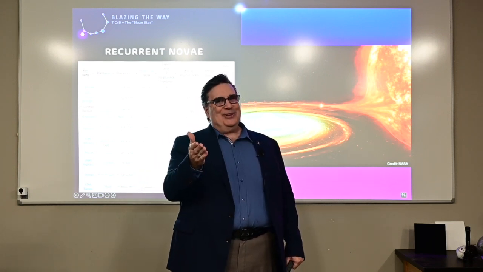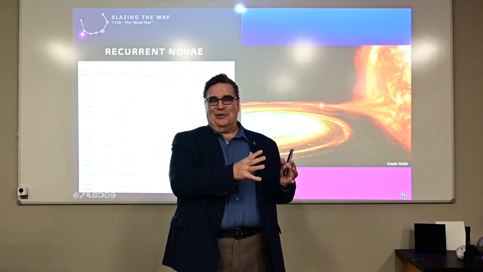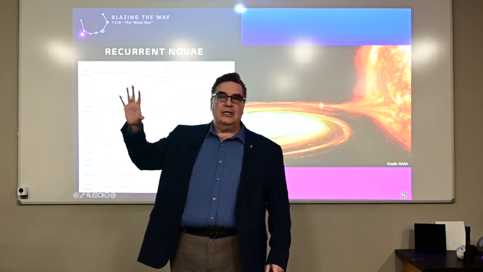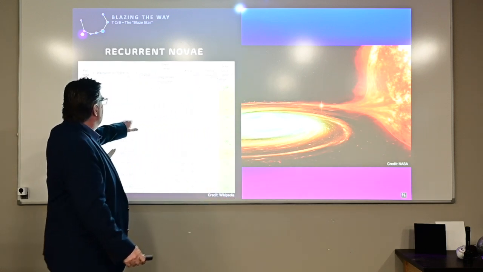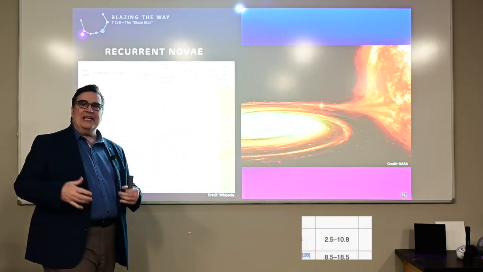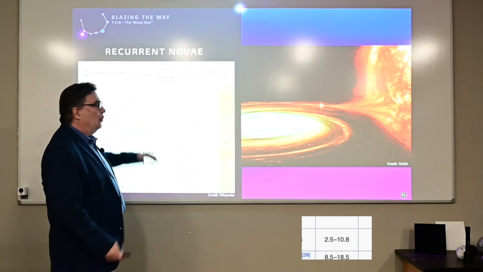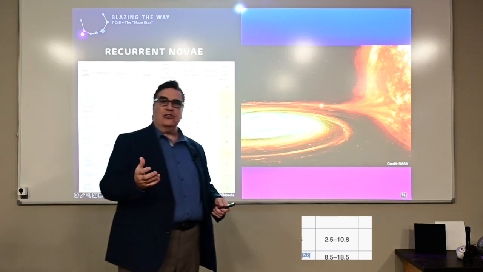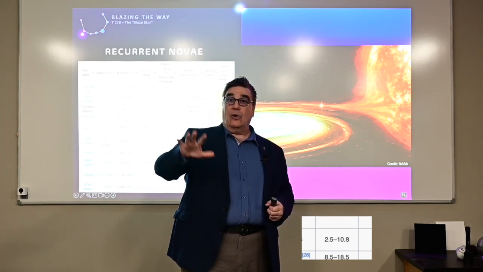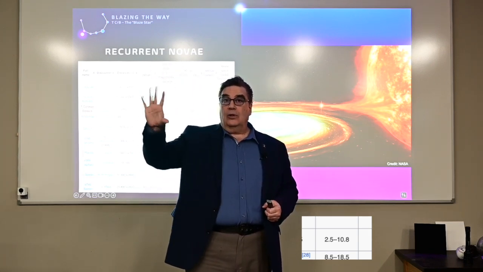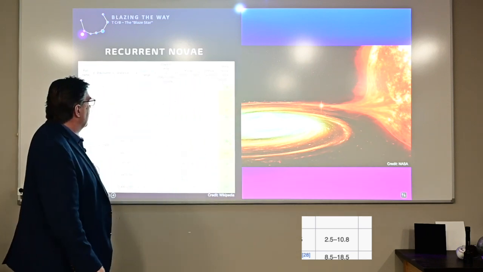As you probably know or probably remember, the smaller numbers are brighter, the larger numbers are fainter. So here we can see our range is 2.5. That would be at its absolute brightest, whereas 10.8, around 11th magnitude, would be the average brightness of T Coronae Borealis under normal conditions. This is quite an amazing range.